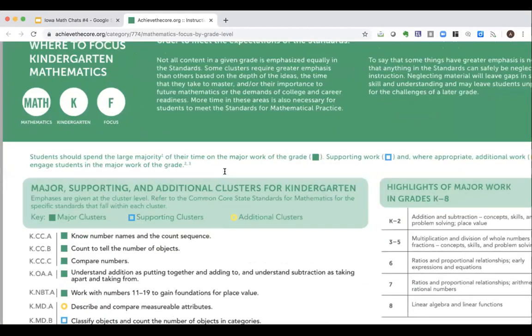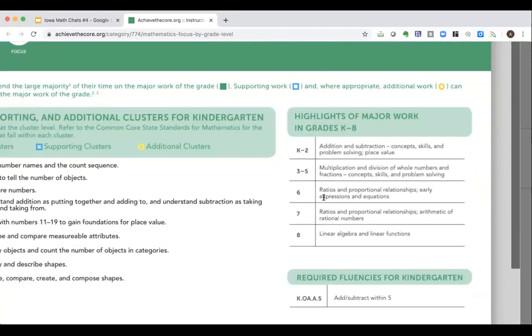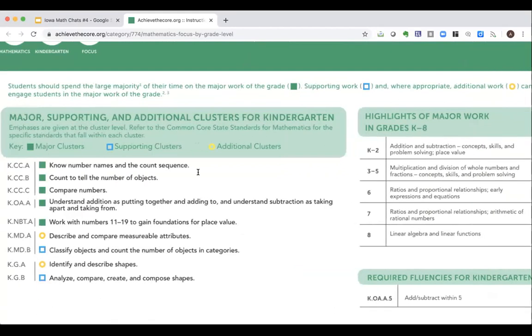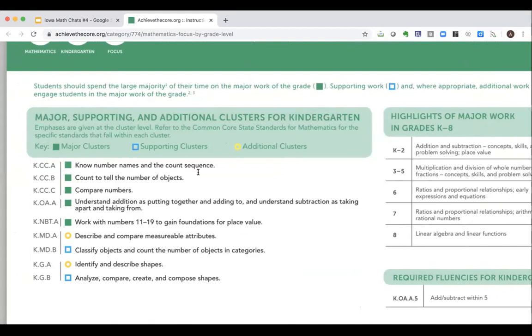And I'm going to make that bigger. What I want to do is really focus on this section over here that highlights the major work in grades K through 8. Now, in the previous video, we talked about how these clusters are the main emphasis of the grade.